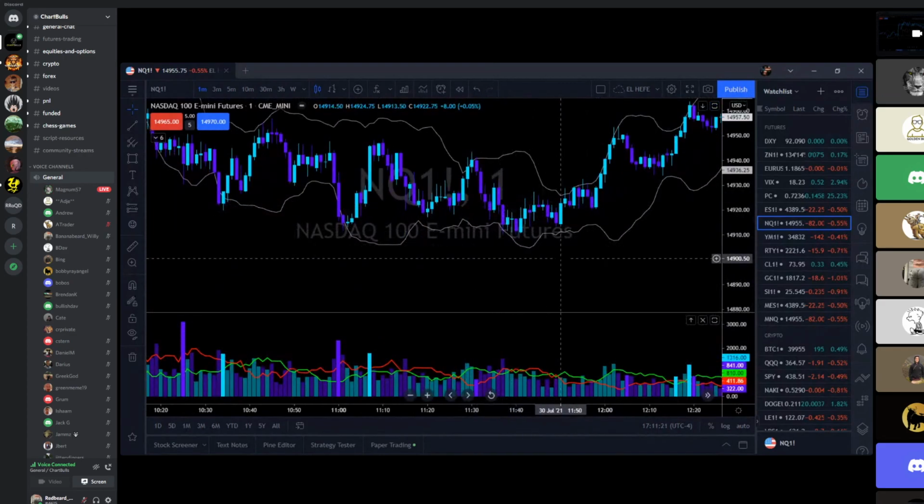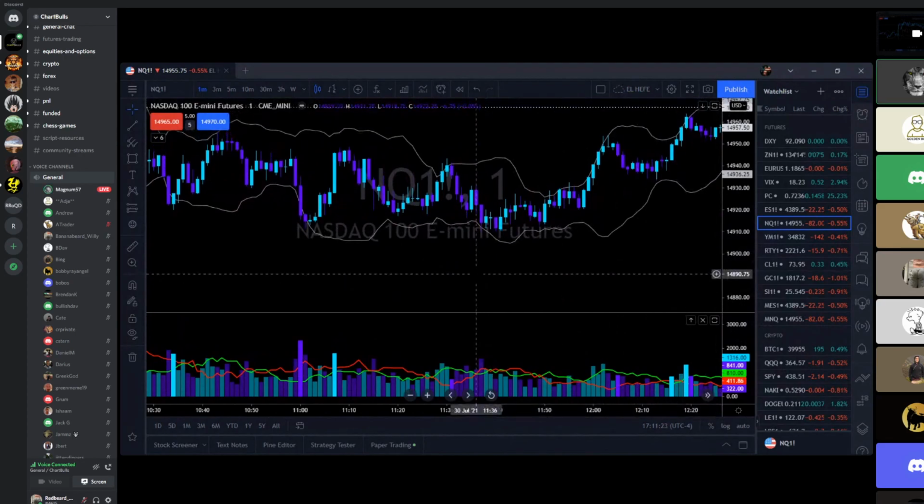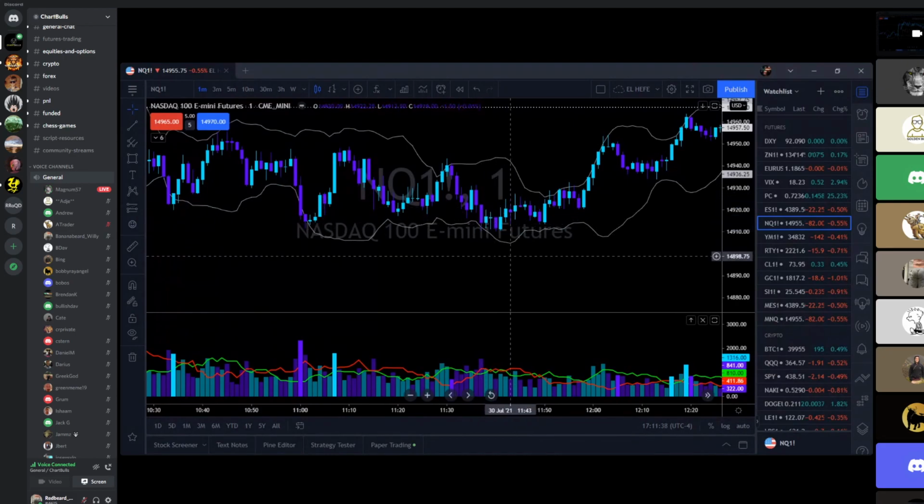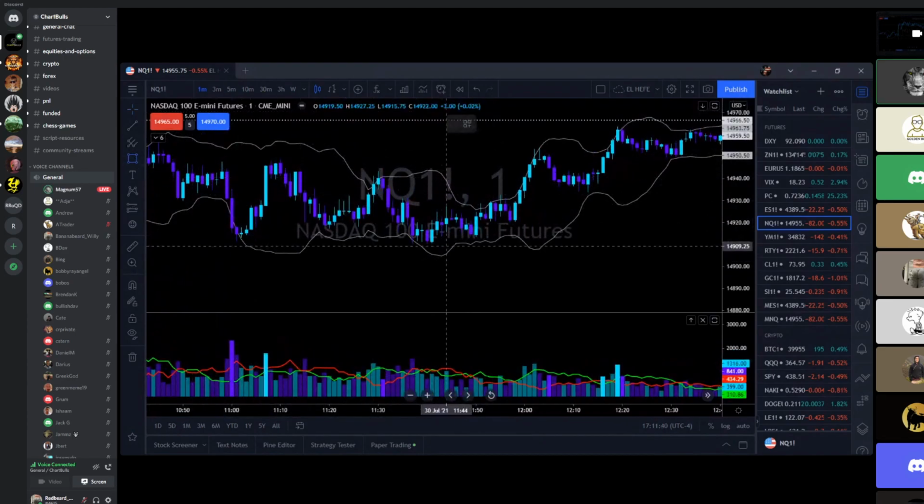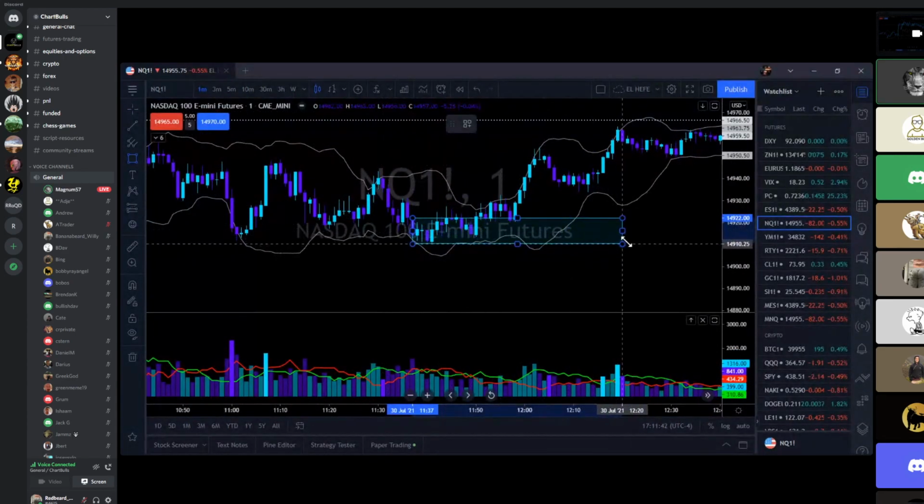You would have potentially caught some trap sellers right here, and you had that pullback away from it. Not very big, but you had it. It made a higher low right there. So you could have used this as your potential support and resistance.